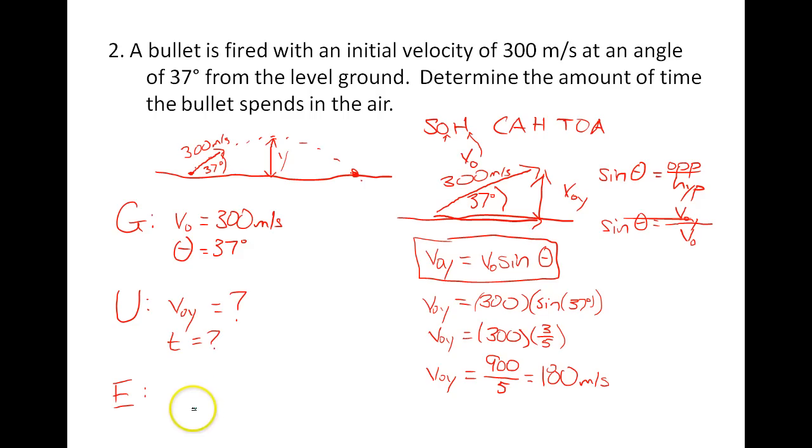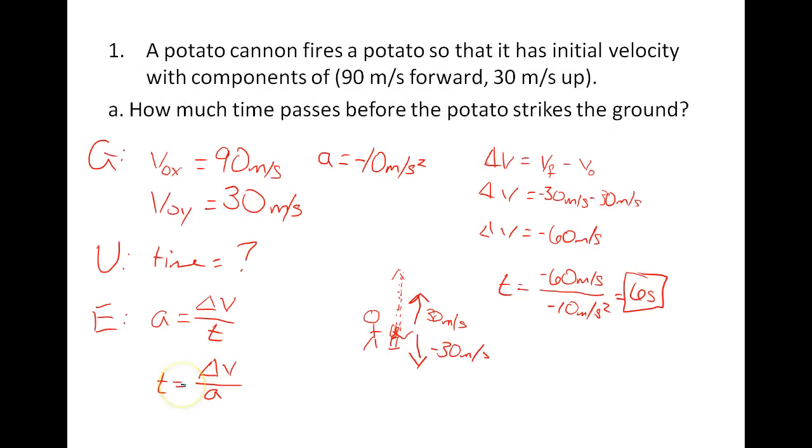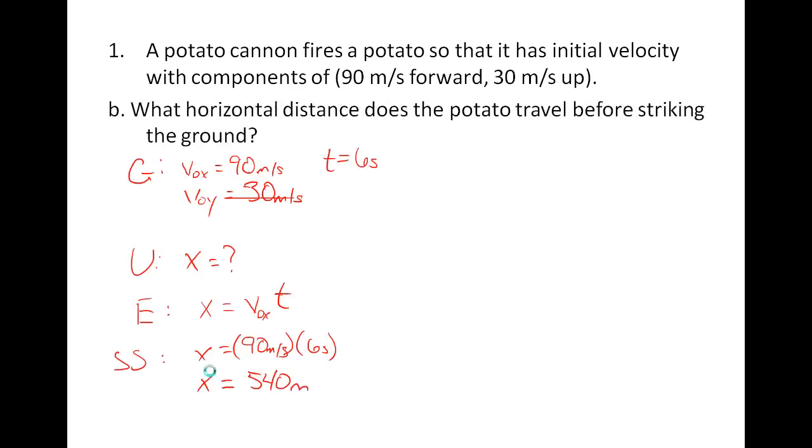This is very similar to that last problem that we were doing where we were solving for time. So let's go back and look at that formula here. Where we found time, we looked at our change in velocity divided by our acceleration. It really was twice the initial velocity when we did change in velocity.